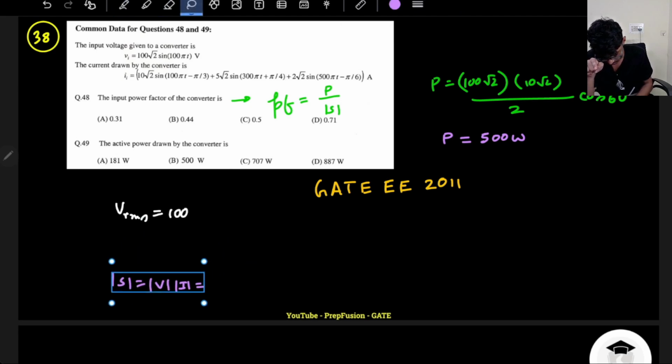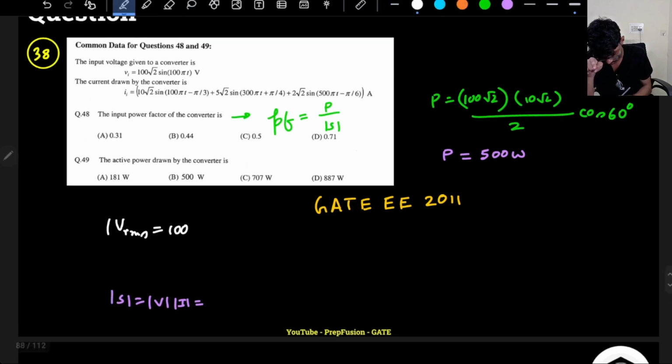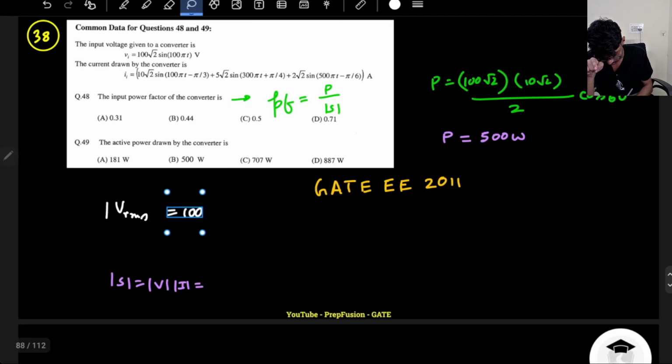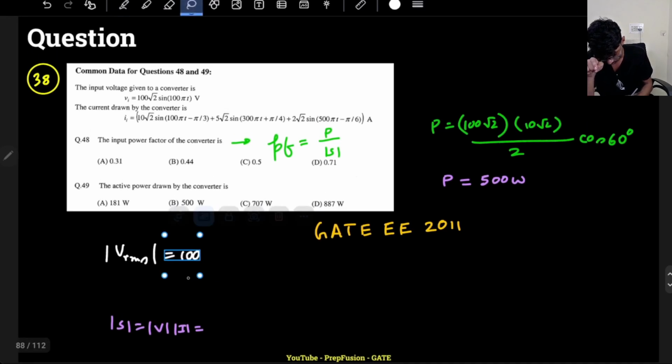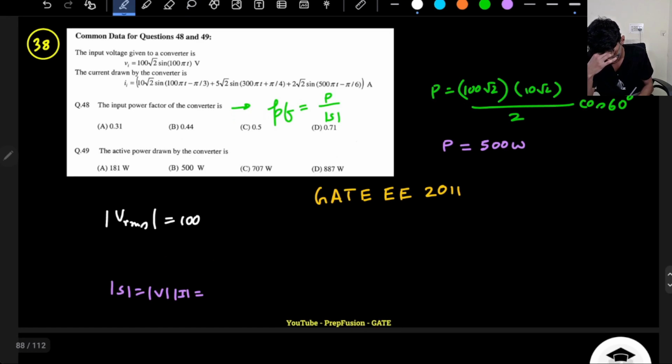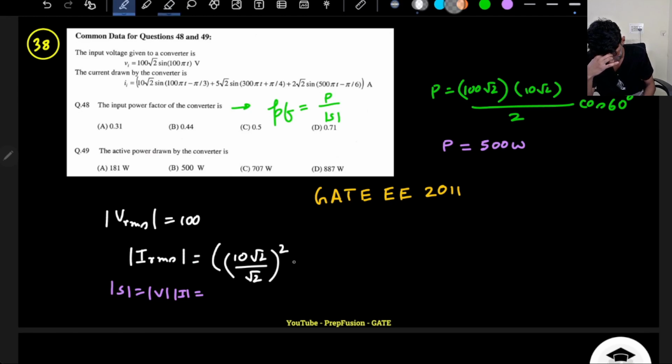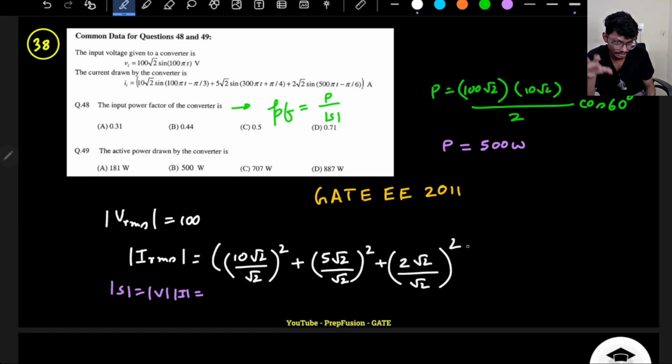And Irms is the square root of the sum of the squares of the individual RMS values: 10 root 2 divided by root 2 whole square, plus 5 root 2 divided by root 2 whole square, plus 2 root 2 divided by root 2 whole square. They are all orthogonal.